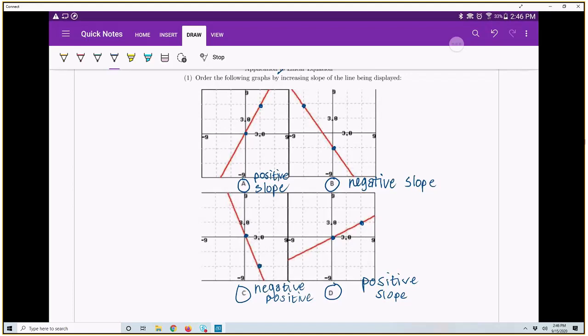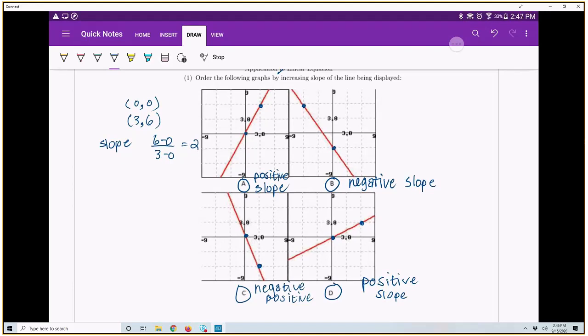So let's say for graph A, I've picked these 2 points. I think it looks like 0, 0, the origin, and then maybe 3, 6, because each little hash mark on the axis is 3 units. Then if I calculated that slope, I would have 6 minus 0 over 3 minus 0, which is 2.